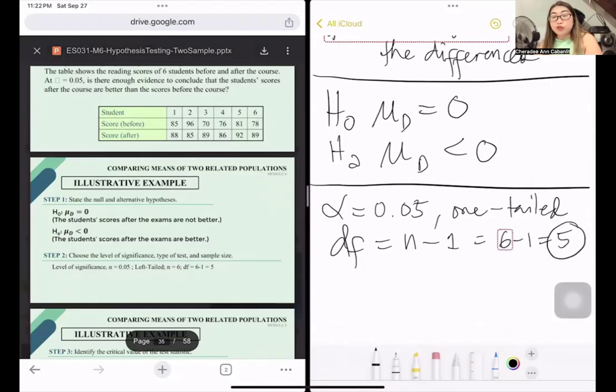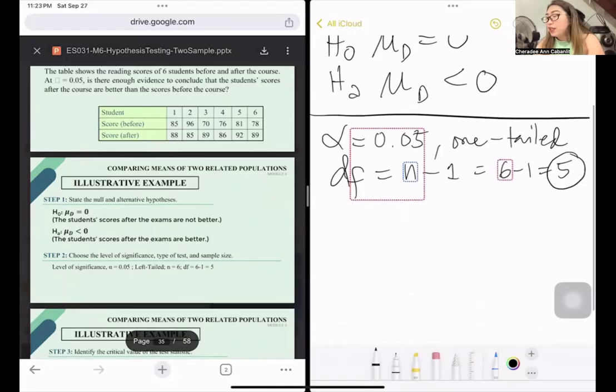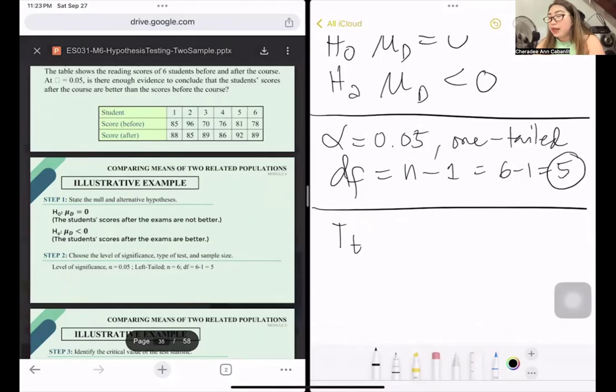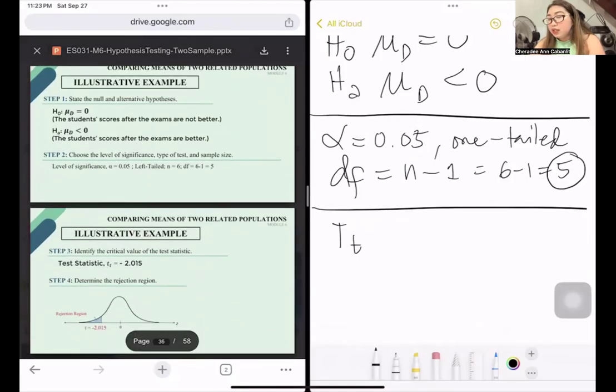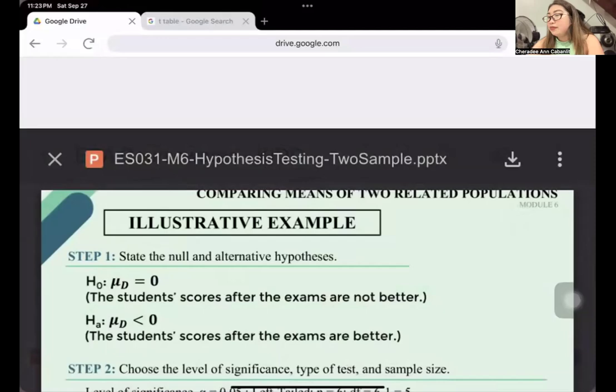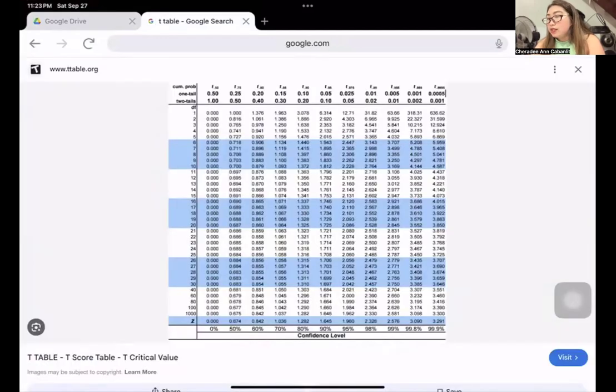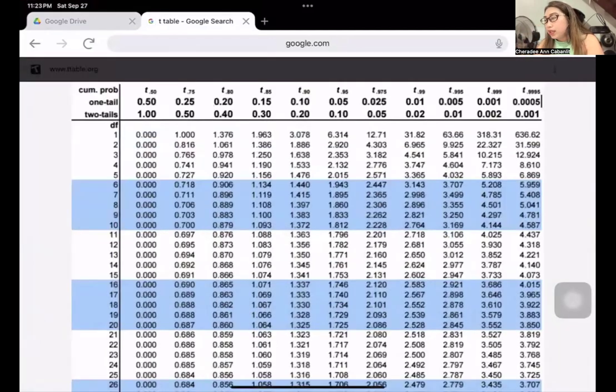So that's how we are going to get the value of t from the t table. Okay. Then we now compute for the t table. So going back to the t table, we have to get negative 2.015.